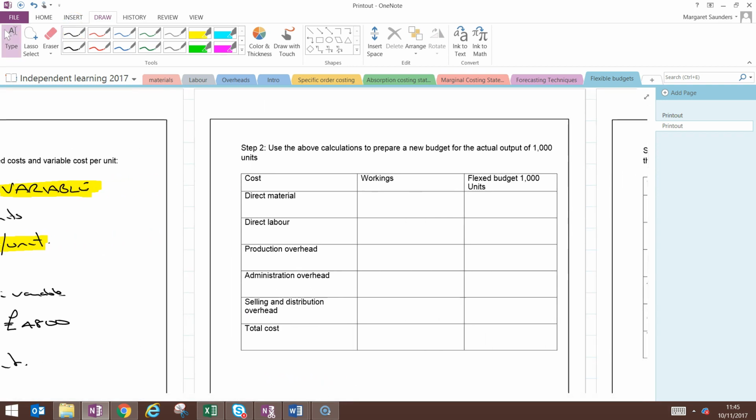So if our budget is going to be for 1,000 units, then 1,000 times 16 will give us our new figure for the new budget, £16,000.